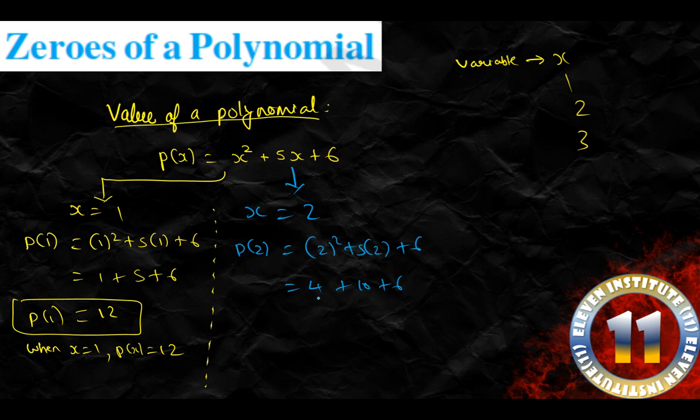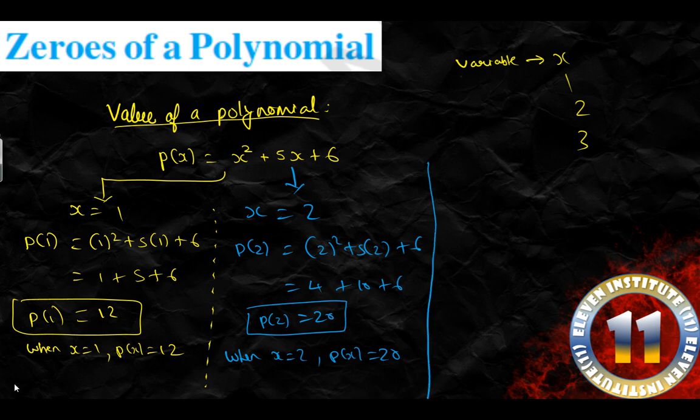So 10 plus 6 is 16, 16 plus 4 is 20. So we get P(2) is equal to 20. This means that when x is equal to 2, the value of the polynomial becomes 20. Fine.